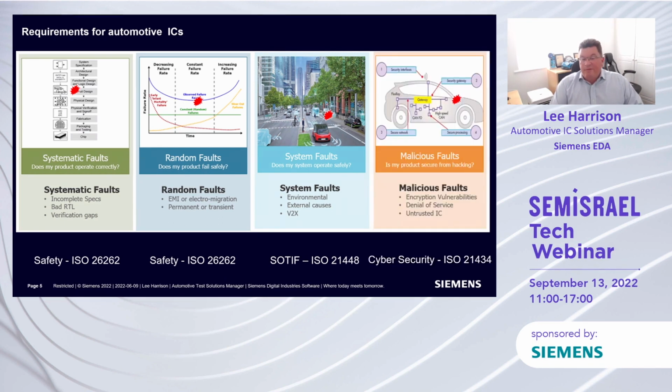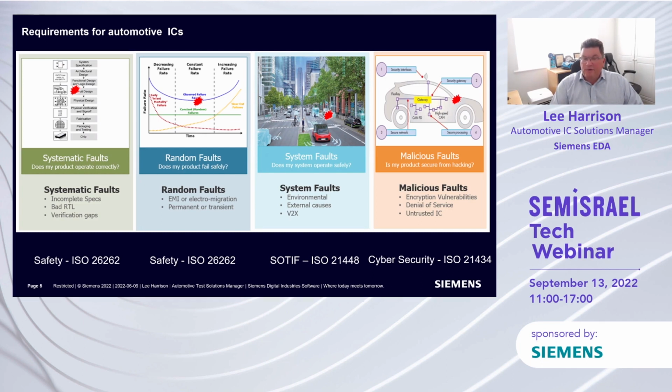And then we have cybersecurity, ISO 21434. This really focuses on faults and errors that occur in the device and in the vehicle due to malicious attacks. So due to cyber attacks on the device, on the vehicle, that can cause the vehicle to malfunction or behave in a way that is not intended.